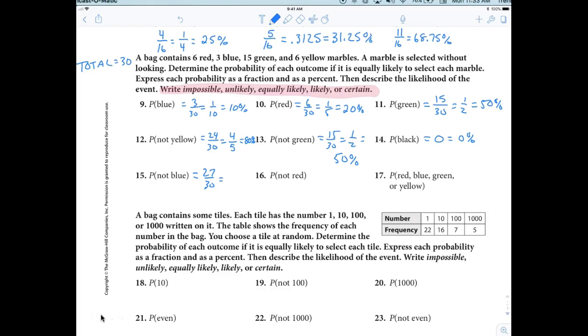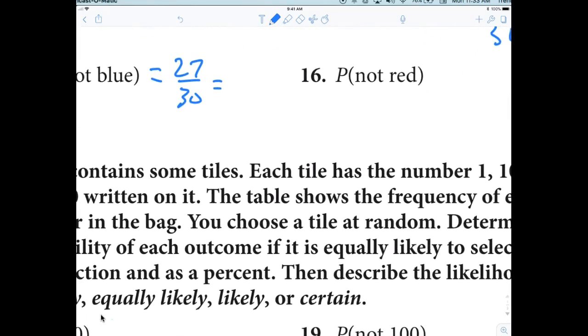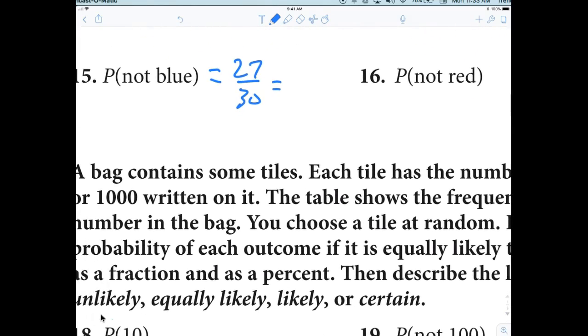Yeah, all right. What does that reduce to? Yes, 9 over 10, which is the same as 90%.